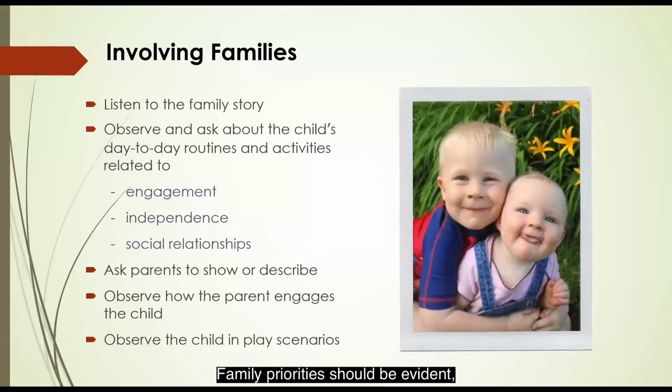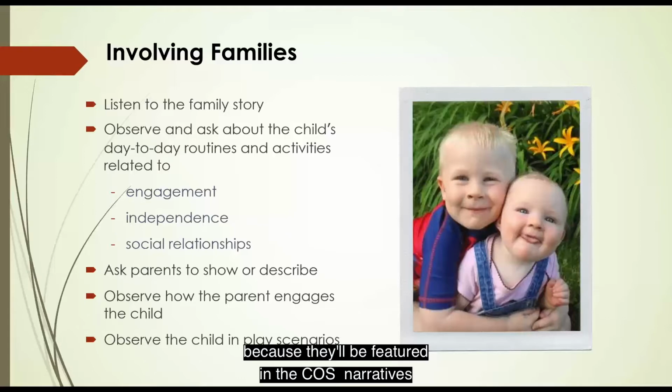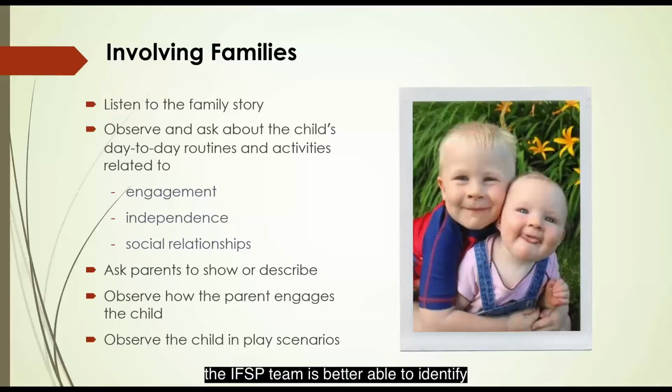Family priorities should be evident because they'll be featured in the COS narratives and IFSP outcomes. And because of all the rich information gathered, the IFSP team is better able to identify the needed EI services to address the family's IFSP outcomes, because the team will be aware of the family's priorities and concerns.